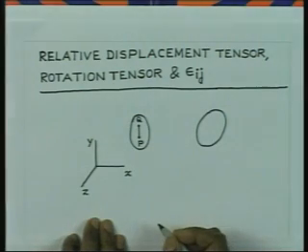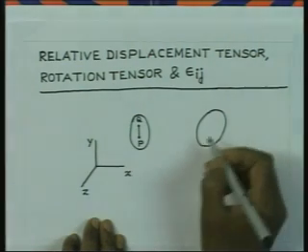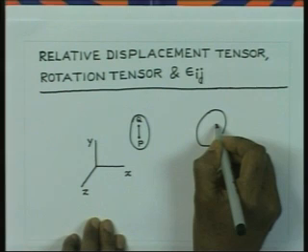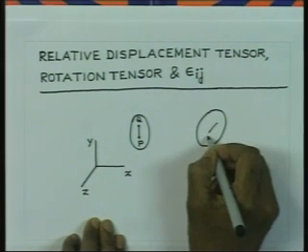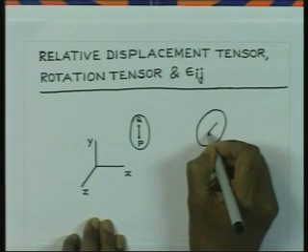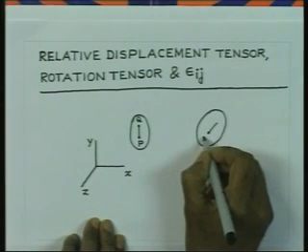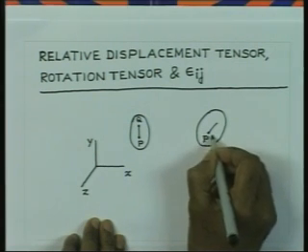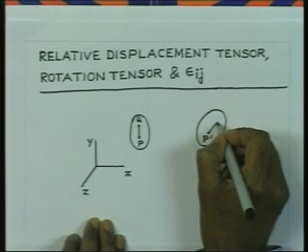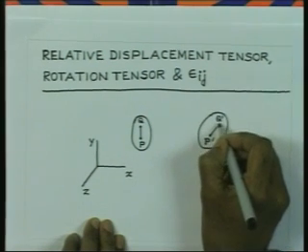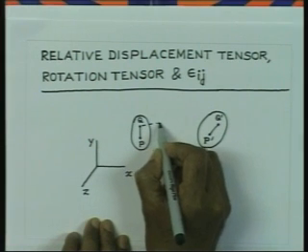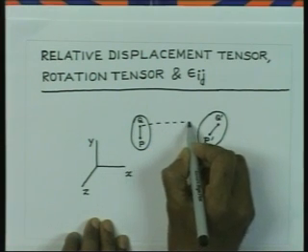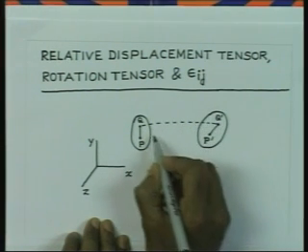So, these are the 2 points. Now, as it moves, it might take up positions P dash and Q dash. So, the points have moved in space like this.